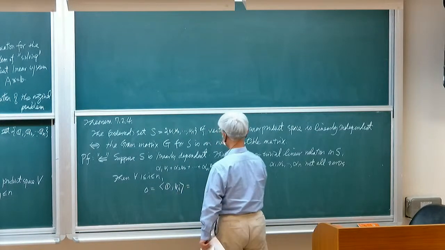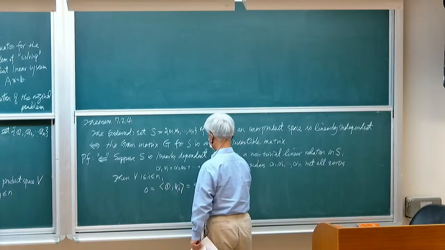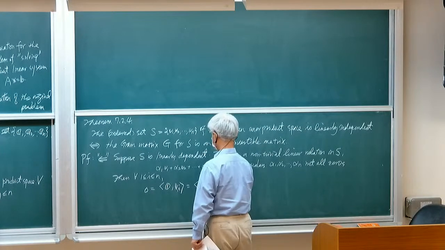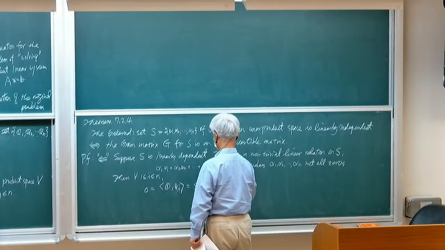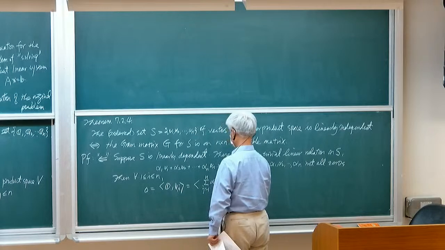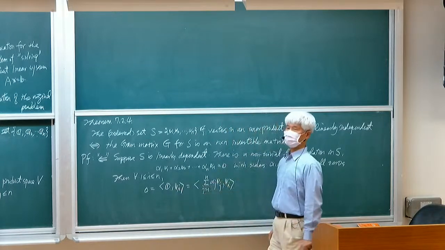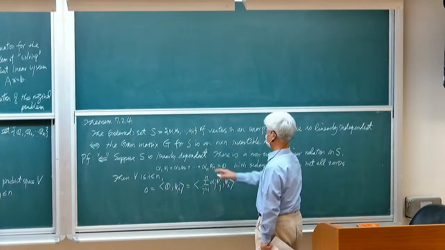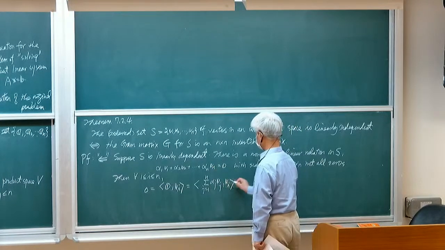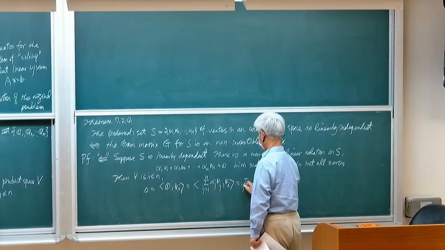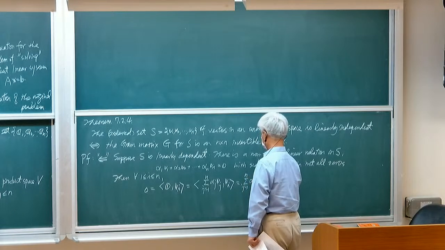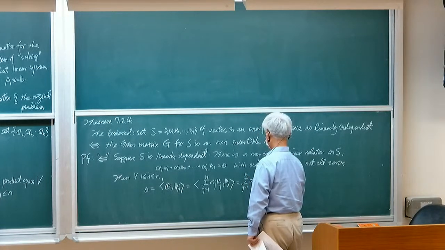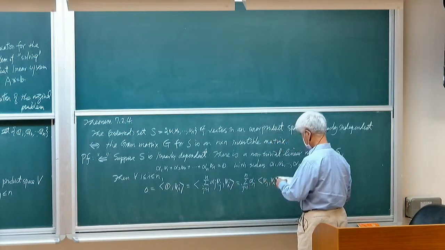But plugging in the non-trivial linear relation, this is the summation of alpha j times the inner product of Vj and Vi.